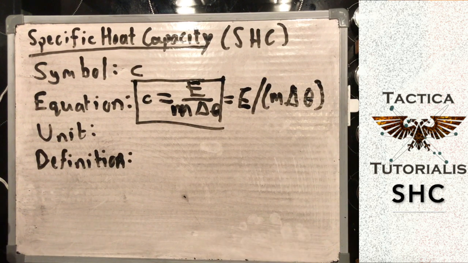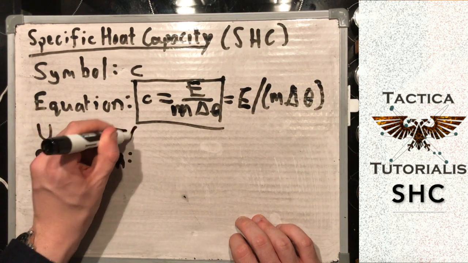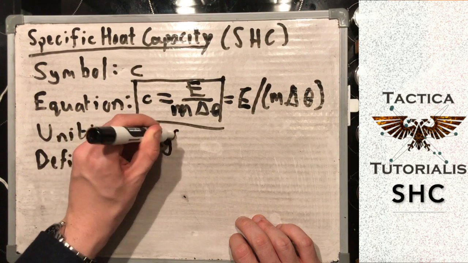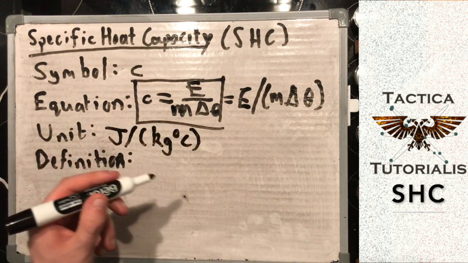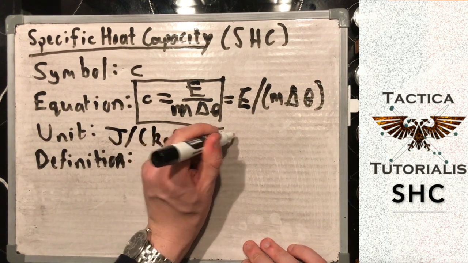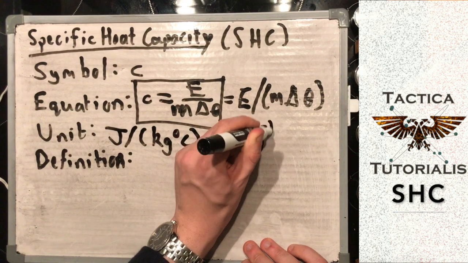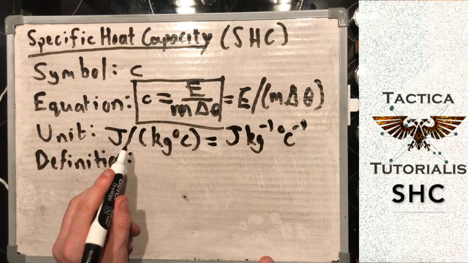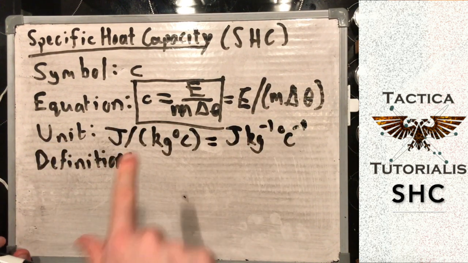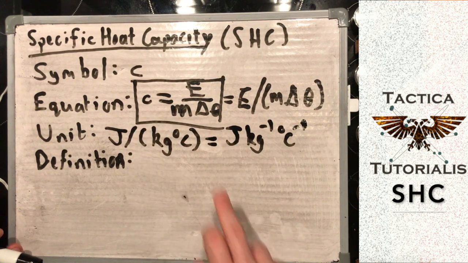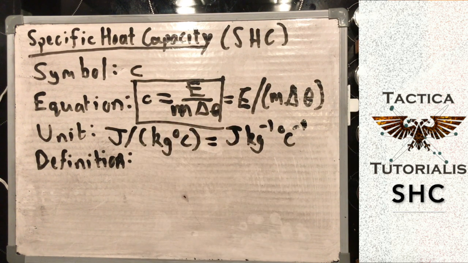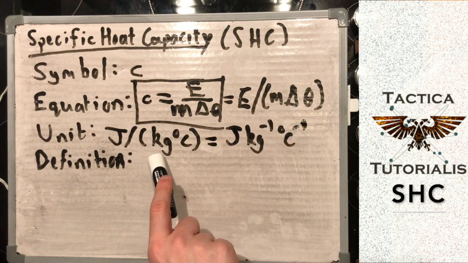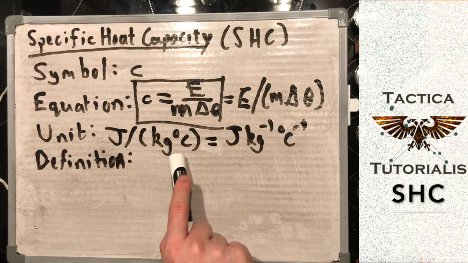In terms of its unit, I gave it to you as joules per kilogram degrees Celsius, or if you prefer to write in power notation, it would be joules, kilograms to the -1, degrees Celsius to the -1. This is the one you'll probably see. And the reason for that comes from this. If you were to plug the units of the heat equation in, you would find energy has a unit of joules, hence the joules on top, and we are dividing by a mass, hence the kilograms, and a temperature change, hence the degrees Celsius.